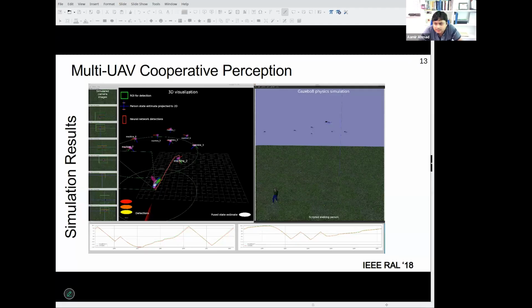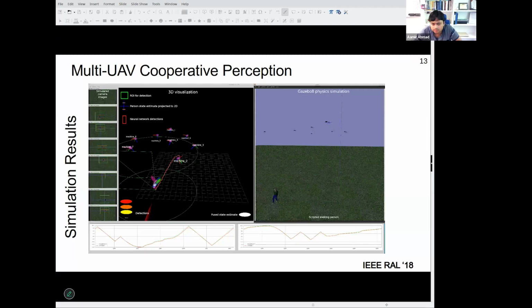On the right side is the simulation environment, the Gazebo. And in the middle, we see a 3D view of the UAV self-pose estimates, which you see up over here. I don't know if you see my mouse, probably not. We also see the detection measurements with their noise covariances, and the final estimate, which in this picture you don't see, but it's finally the orange ellipse at the end.